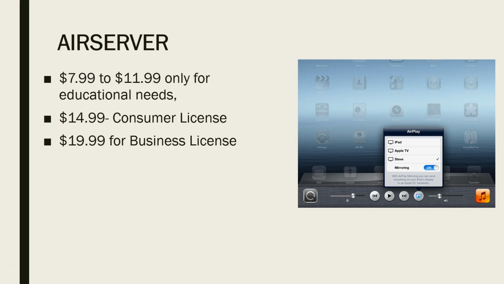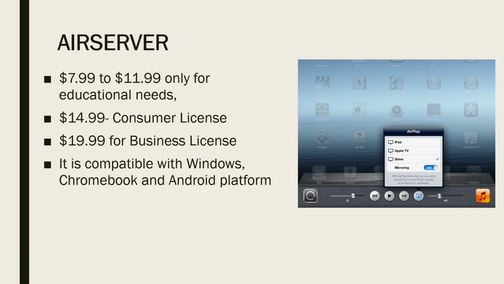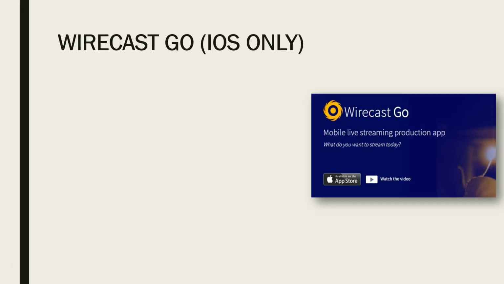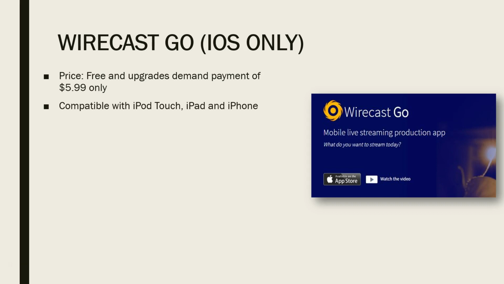So it is very affordable. It's compatible with Windows, Chromebook, and Android platforms, and the WIRECAST Go is only for iOS, and this is an app. So the price is free, but then upgrades are about $5.99. So it's really not that bad at all, very reasonable.